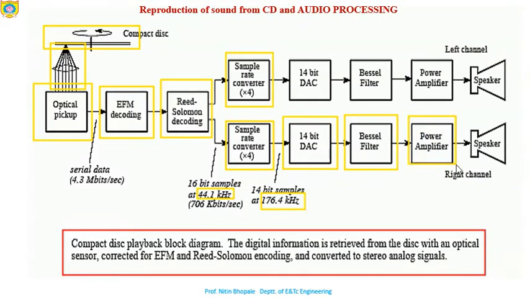Further, it is applied to the power amplifier so that the required amplification is done. Later on, this analog signal is applied to the speaker. The same procedure is done at the left channel also, and this is how the sound reproduction is done.